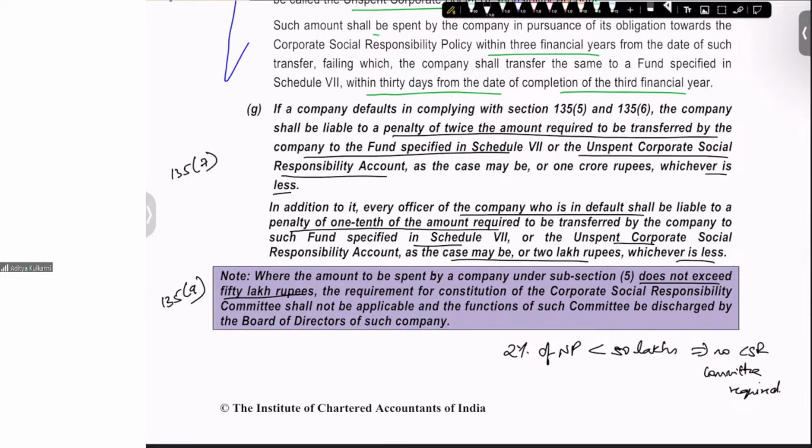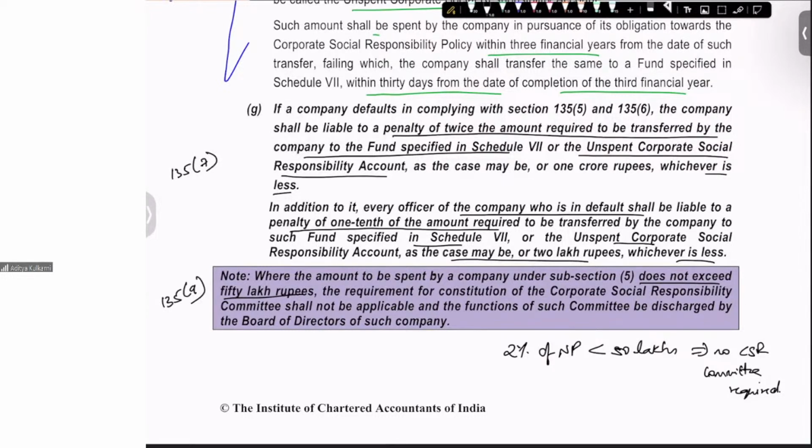135(5), ensure that minimum 2% of the average net profits, this is the amount that needs to be spent. Okay, 2% of the preceding 3 years' average net profits you will have to spend. So that is 135(5). Last thing we will see is, what do you mean by net profit? Because we have so many net profit references in the Companies Act. So 135(5) tells us that there is an explanation to that.